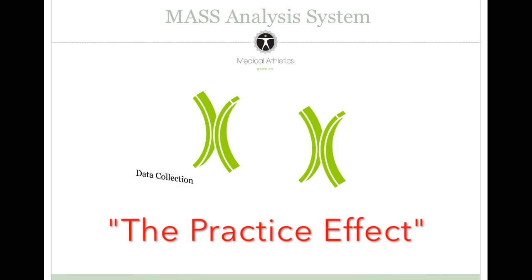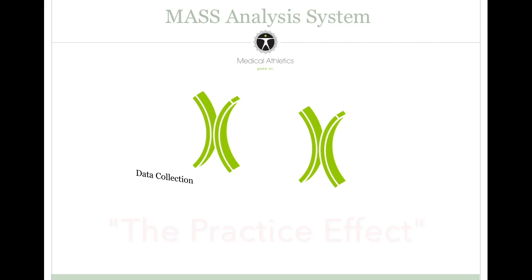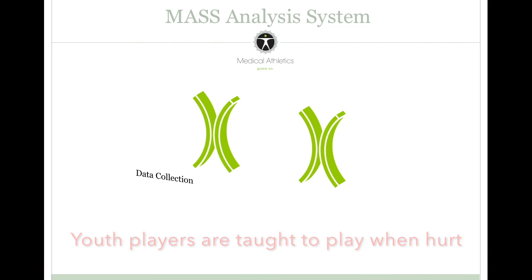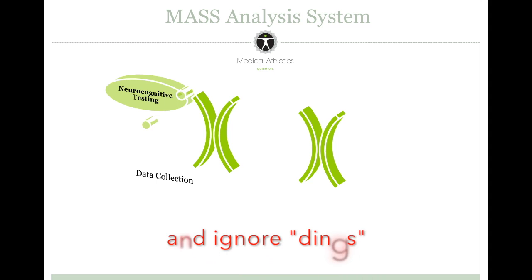The practice effect is what happens when someone repeats a test often enough and they begin to anticipate what the questions will be, so they can give the answers they want and not what the test is designed to study or understand. An example of this is quite simple.